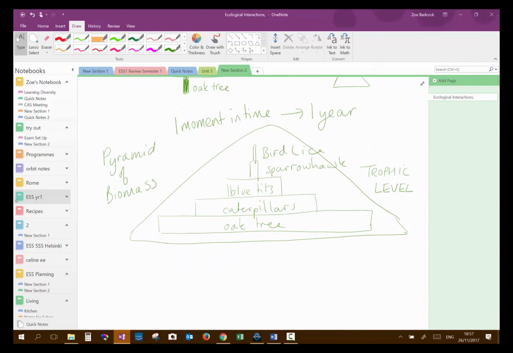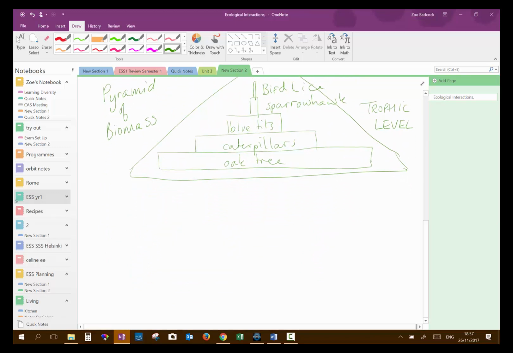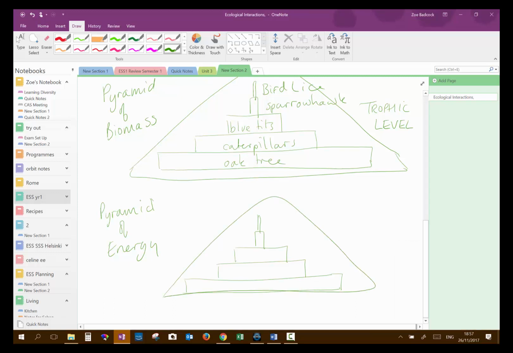Now we can even do the same where we look at a pyramid of energy, and we were able to measure the energy in biomass when we did those burning experiments. And just like in this case, the pyramid of biomass, you'll have a pyramid shape, where you've got kilojoules per meter squared, for example.